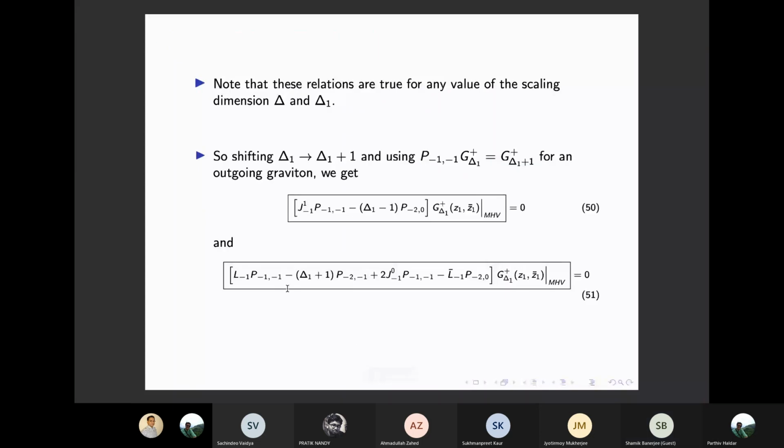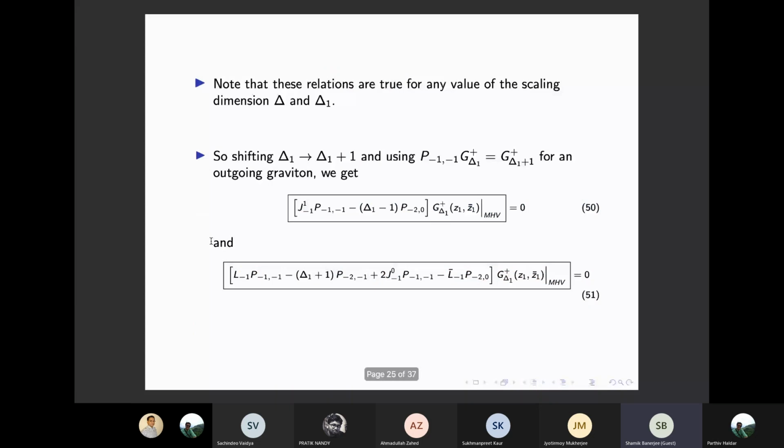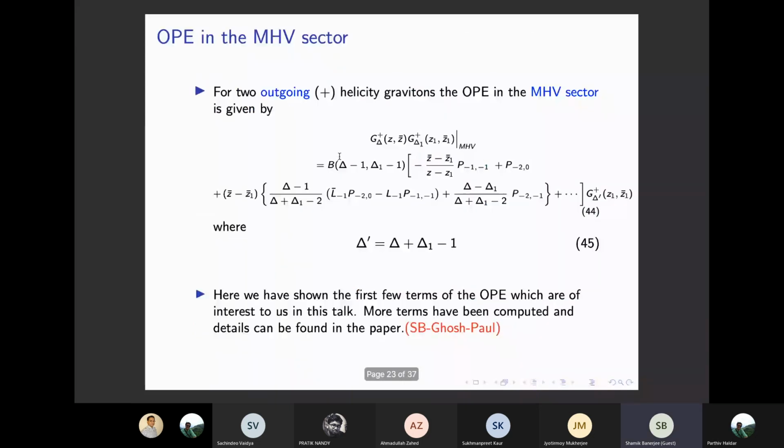Okay, so now we get these two relations, and you can use them, and then you can write this OPE in terms of the independent descendants.